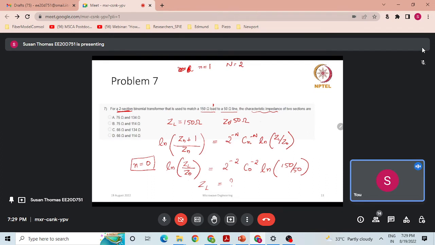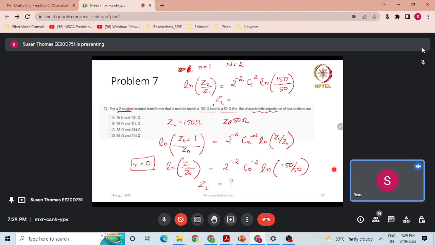So for small n equal to 1, the second transformer section, ln of Z2 by Z1 is equal to 2 power minus 2 C1, ln of 150 by 50. You have seen that the C coefficients can be found, and you can substitute the appropriate values and get the answer for Z2.